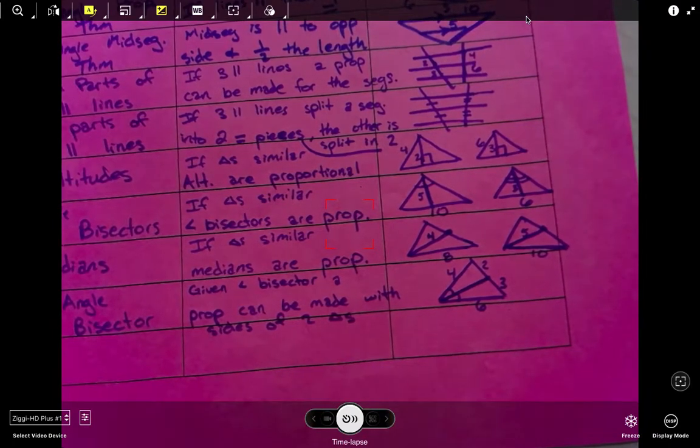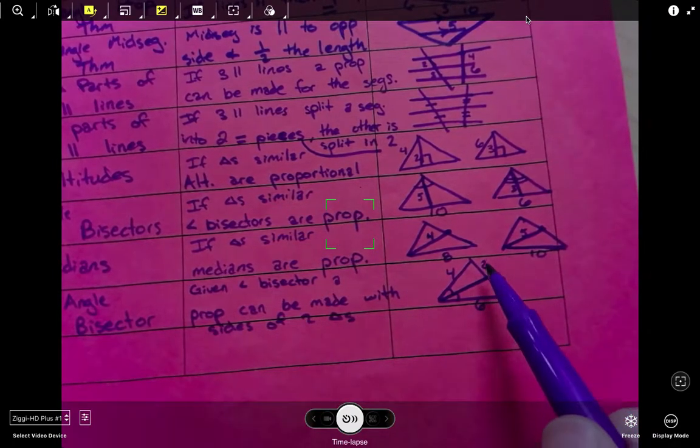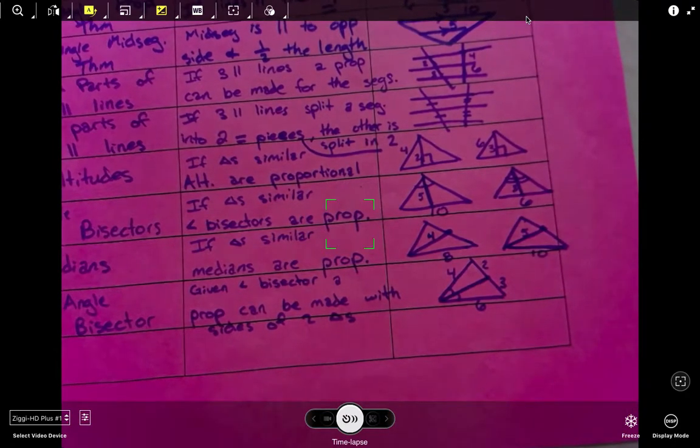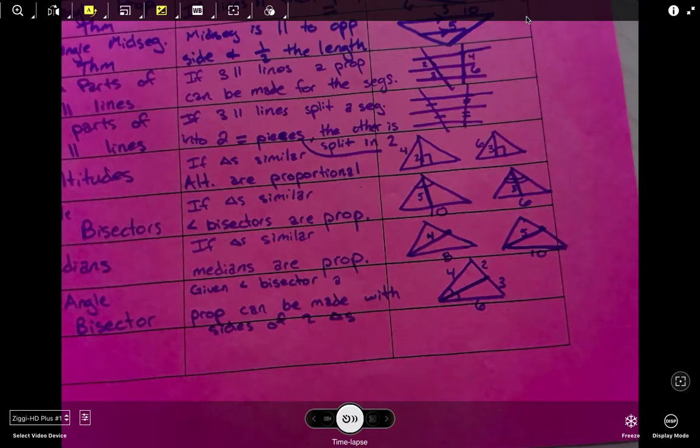Okay, so given the angle bisector, the 2 triangles that are created, I can make a proportion with their sides. Okay, so 2 over 3 and 4 over 6. All right? Given the angle bisector, a proportion can be made with the sides of those 2 triangles.